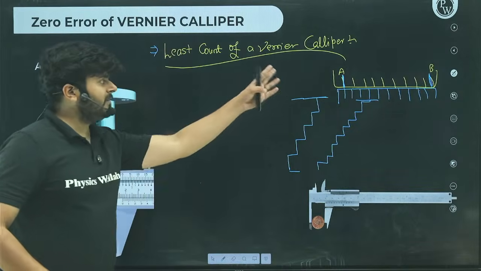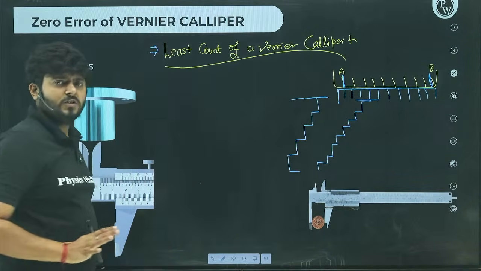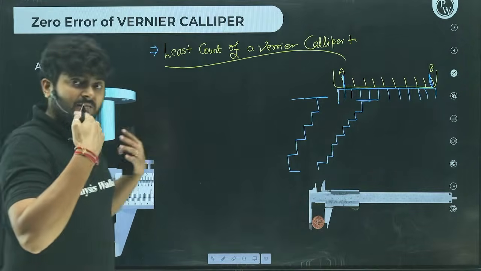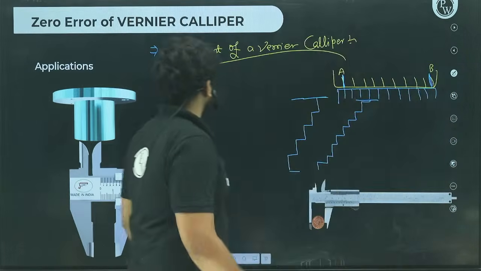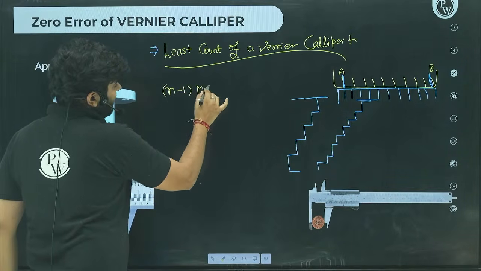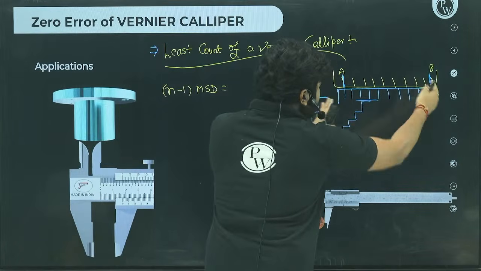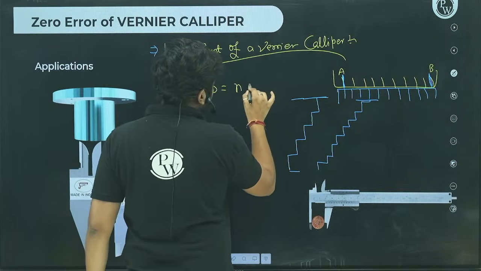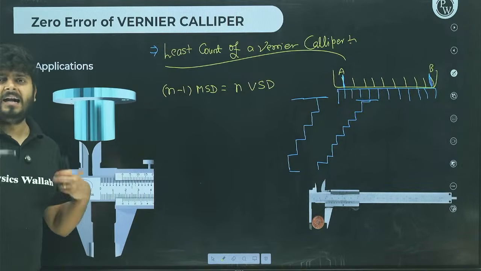So right now, for a given situation of a Vernier scale, we can have different situations of Vernier scale. Let's say n minus 1 main scale divisions take the same space as n Vernier scale divisions. This is the minimum you have to do to add some preciseness.